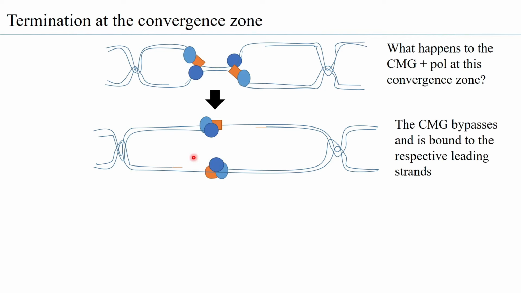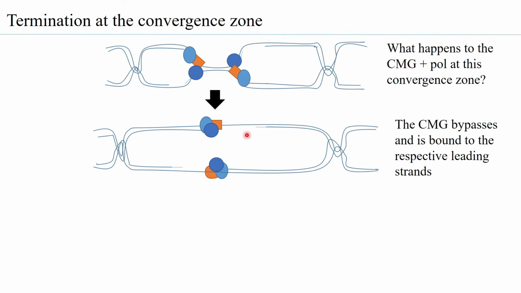So this has been attributed to the fact that unlike in prokaryotes, where you have the DNA polymerase 3, which is a dimer, and both the monomers or the core enzymes of the same enzyme are associated with the two template strands, and it is that one complex that is synthesizing both the leading strand and the lagging strand.